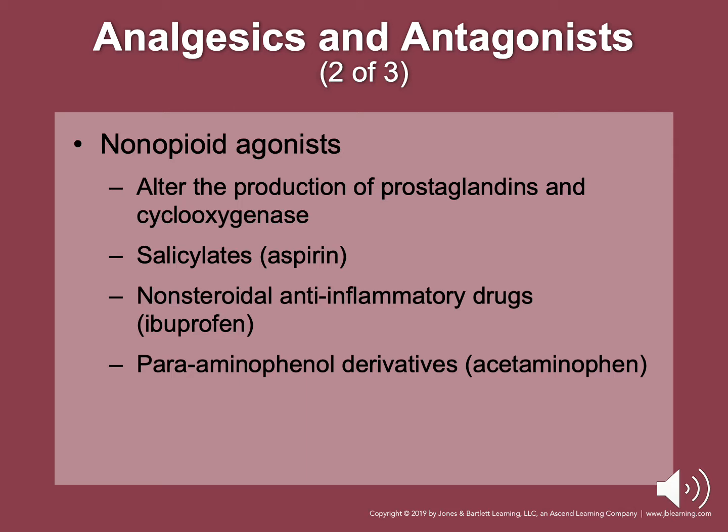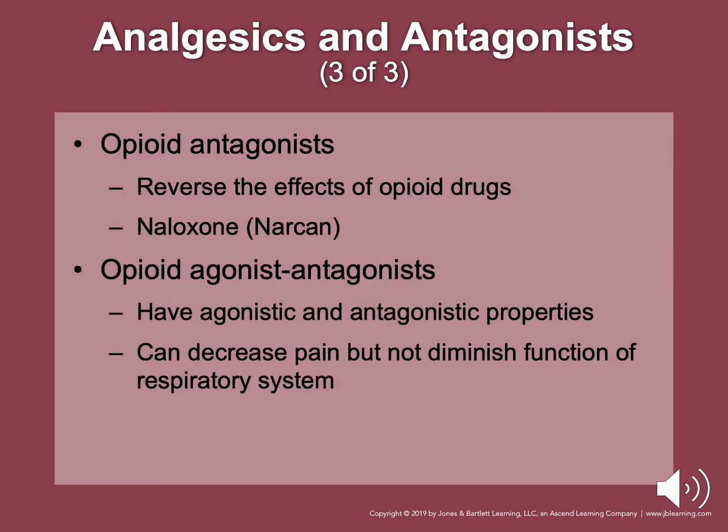Opioid agonist-antagonists have agonistic and antagonistic properties and decrease pain, but do not diminish function of the respiratory system or lead to dependence or addiction. Anti-anxiety, sedative, and hypnotic drugs help a patient sleep through a medical procedure by producing sedation and hypnosis.